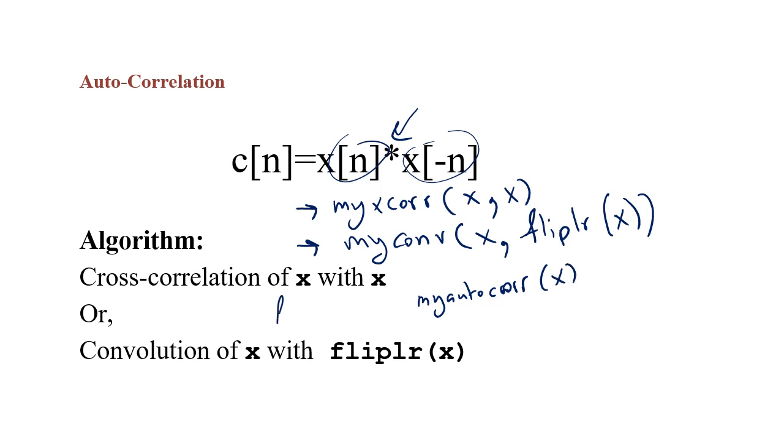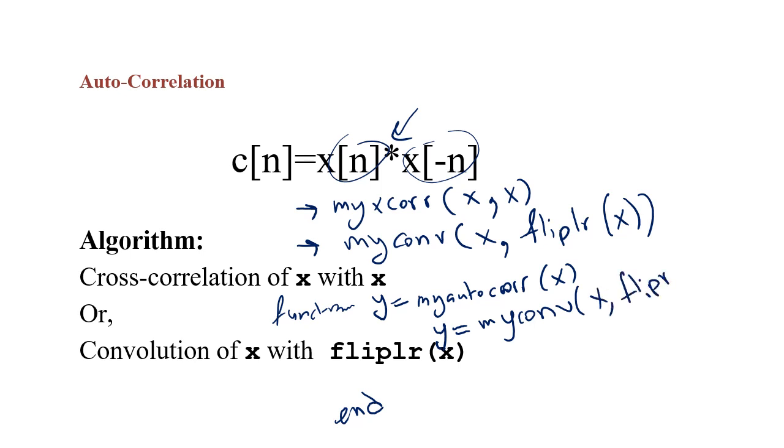So you'll say function y is equal to, and then end the function here, and inside the function definition you'll evaluate y as either my conv of x with flip lr x, or using my x score, assuming you've defined my x score on x with itself.